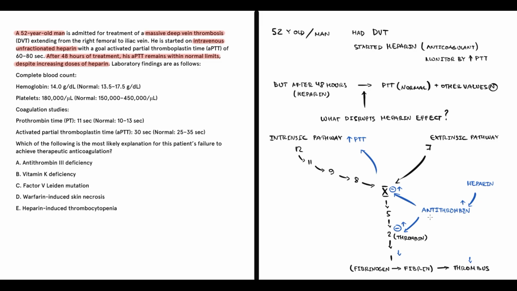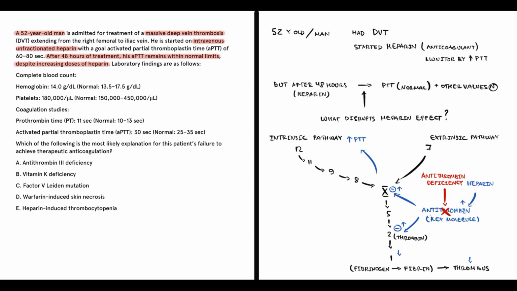So the major point is that heparin needs antithrombin. Because heparin cannot inhibit coagulation directly, it requires this intermediate molecule. And the only reason why heparin can be totally inefficient is antithrombin deficiency, where we do not have this intermediate molecule to act on coagulation.